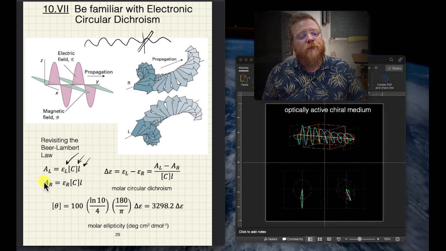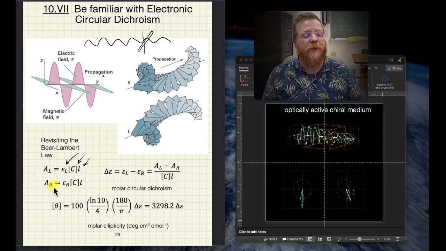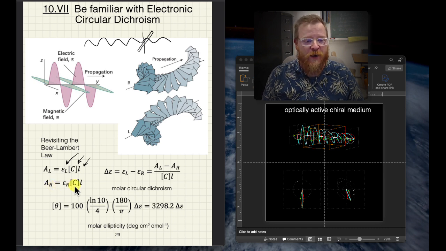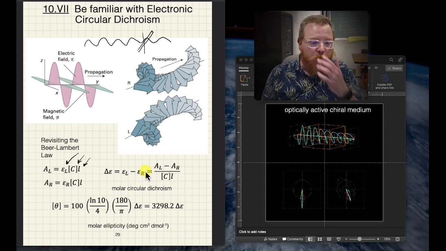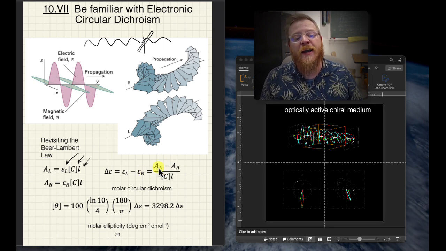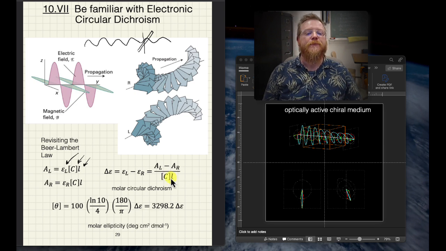We could also talk about the absorbance of our right-handed light in the following way. And now the molar circular dichroism is given by delta epsilon, specifically epsilon_L minus epsilon_R, or relating that to the Beer-Lambert law, A_L minus A_R over concentration times path length.